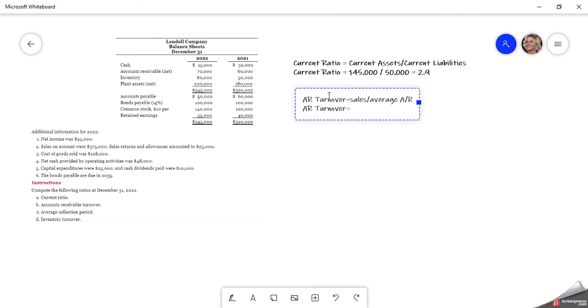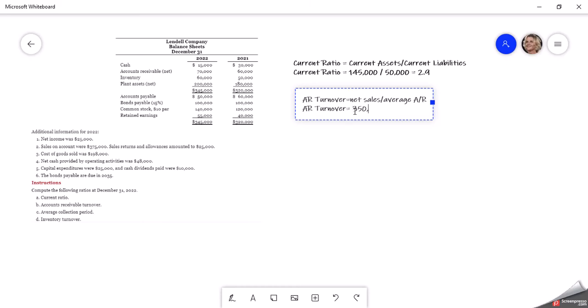So we know our sales. Our sales are provided here. Sales on account were $375,000. Sales returns and allowances amounted to $25,000. So again, it says net sales. So when we see the word net sales, we know we have to subtract those sales returns and allowances.